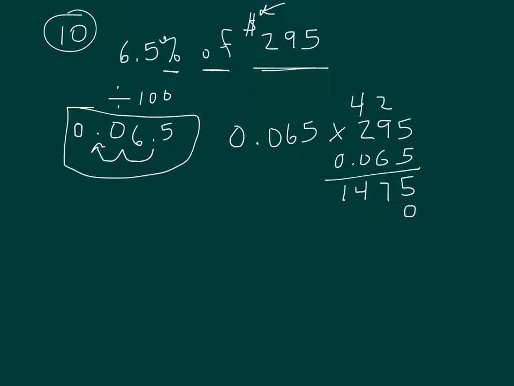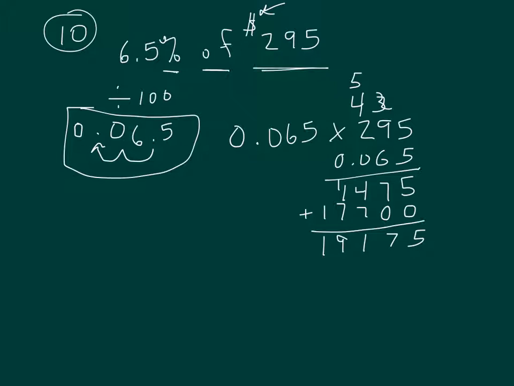Placeholder 0, 6 times 5 is 30, carry the 3. 6 times 9 is 54, plus 3 is 57, carry the 5. 6 times 2 is 12, plus 5 is 17. I would then add these two together. I get 5, 7, 11, carry the 1.